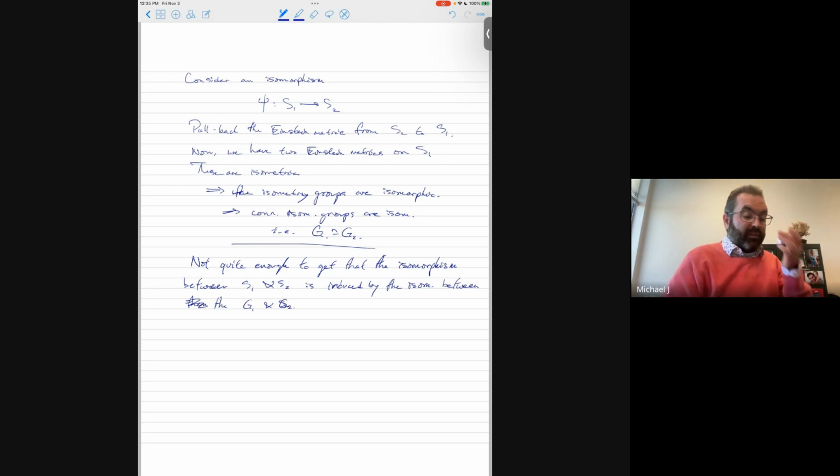The reason it's not quite enough is, when you have this isomorphism between the G's, if you pull back the S2 using the isomorphism, you get two different Iwasawa groups inside of G1, and you know these are conjugate, but it's not quite enough to get what you want.